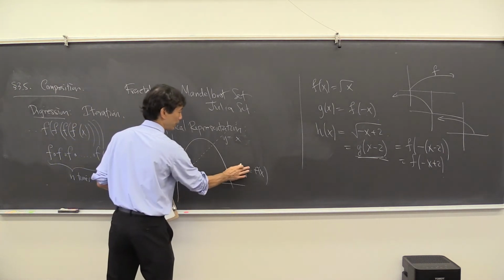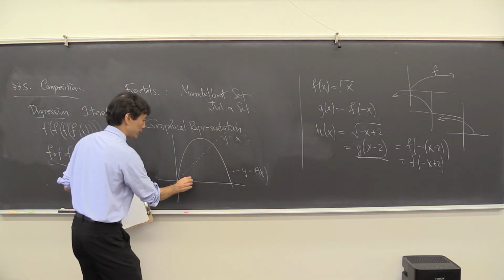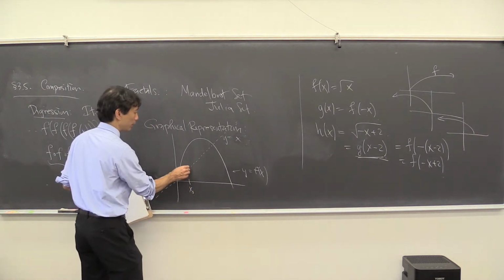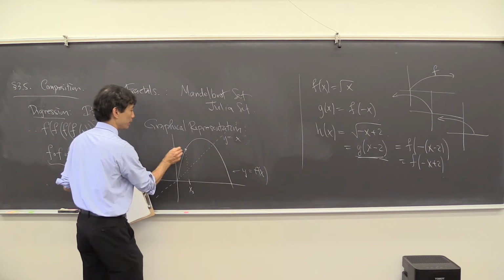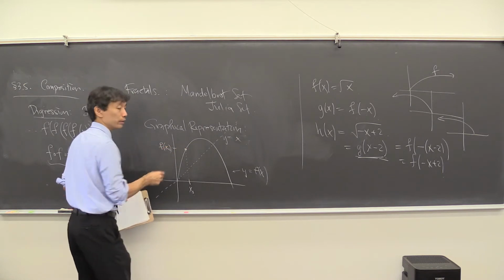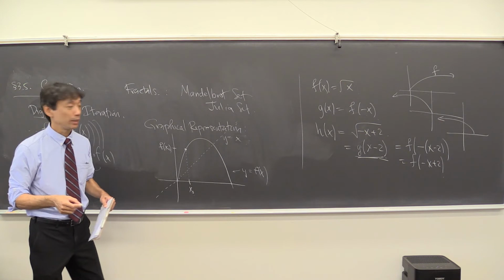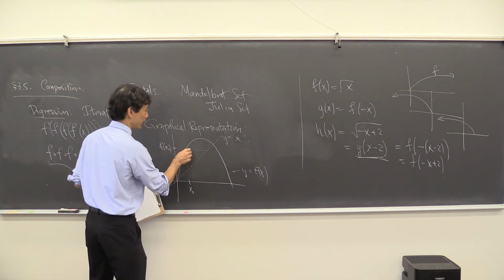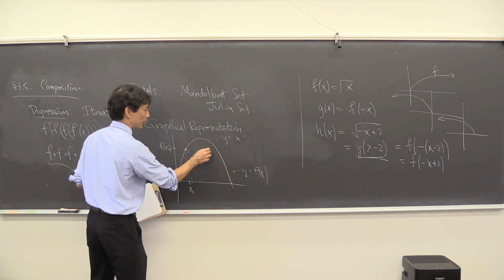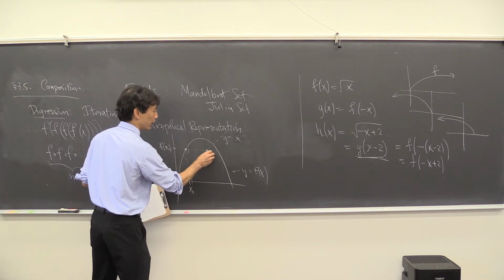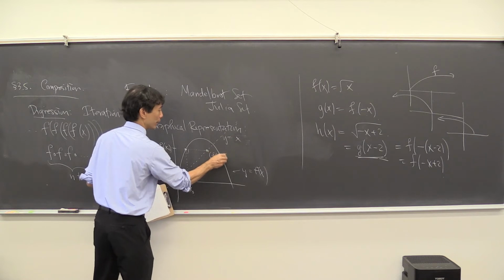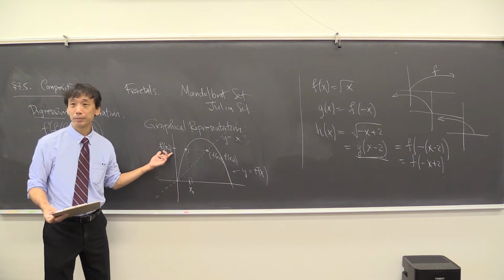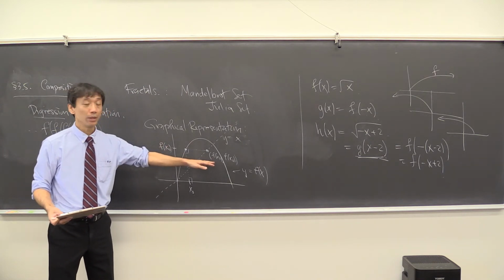Okay, so you have your function, and you have this line y equals x, and you take a point x naught on it. Okay, then this height is of course f of x naught, right? And then if we project sideways, go perpendicularly to this line, then we get the point f of x naught, right? Because the y coordinate is f of x naught, and the x coordinate is equal to it.